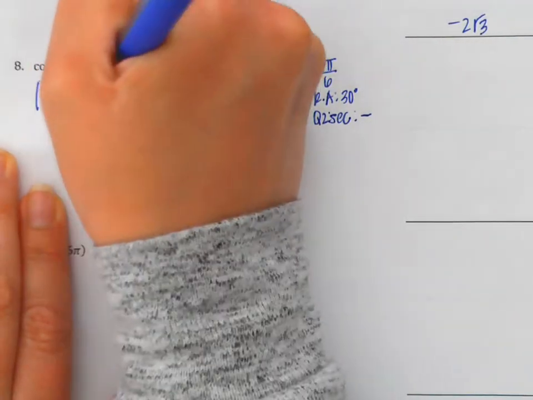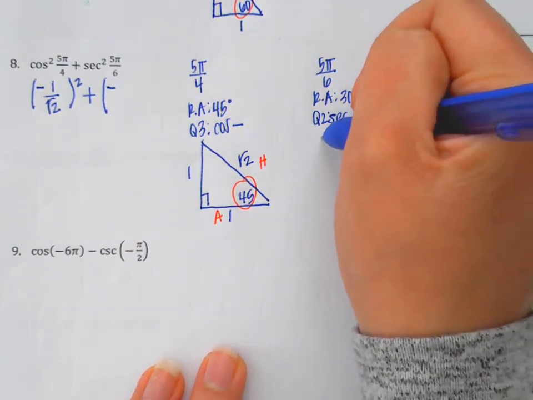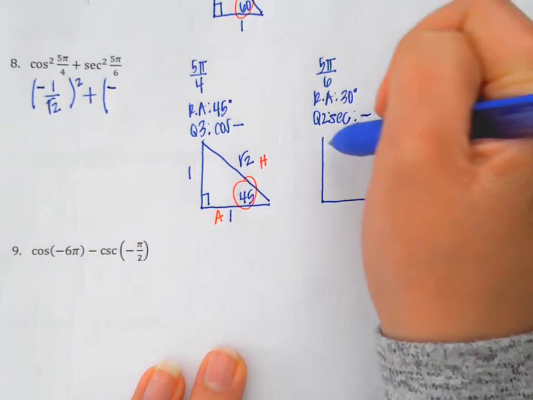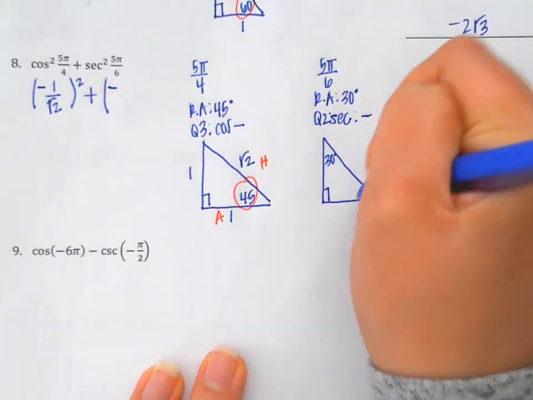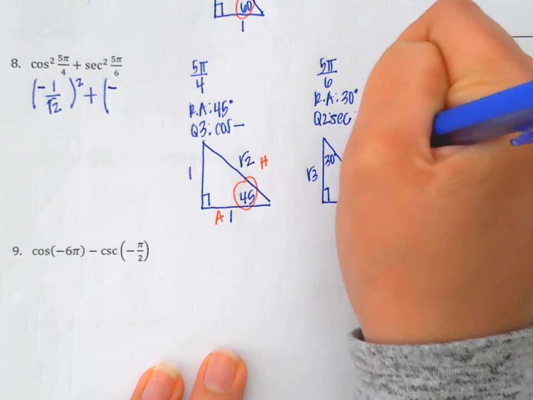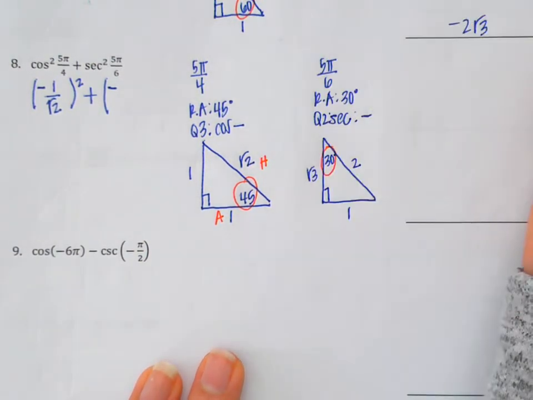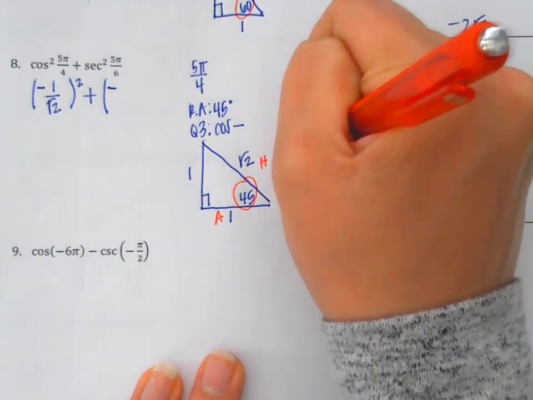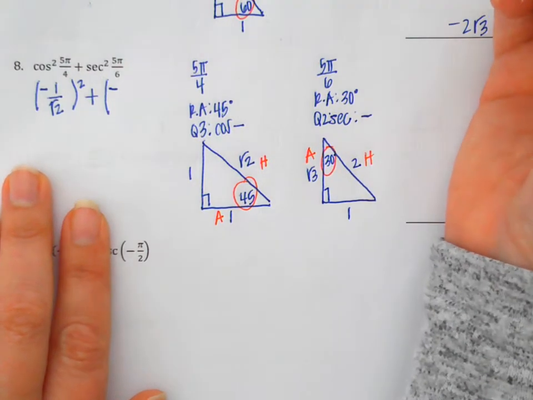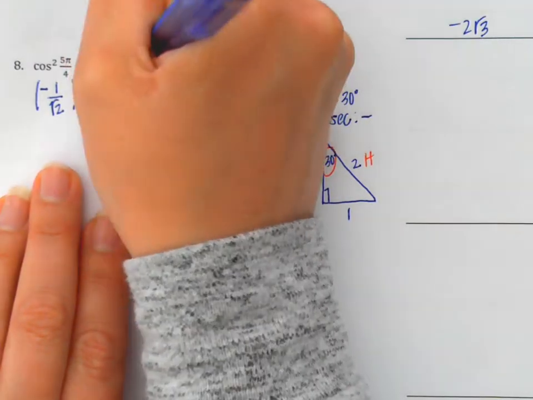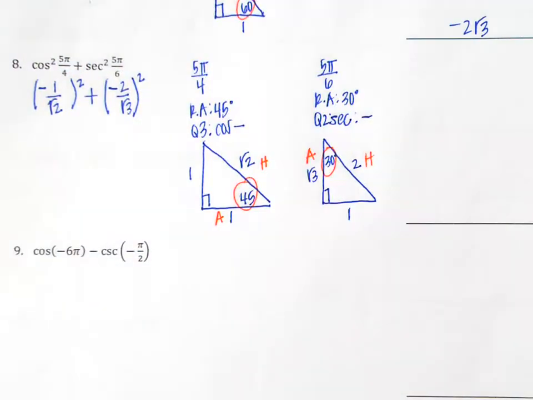So I'm going to put another negative there. And then I'm going to draw my special right triangle. One, rad 3, and 2. 30 degrees. So secant is hypotenuse over adjacent. So that's going to be negative 2 over rad 3. Again, we don't have to rationalize the denominator. And then square it.